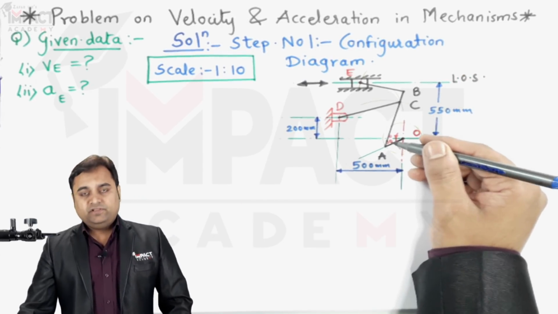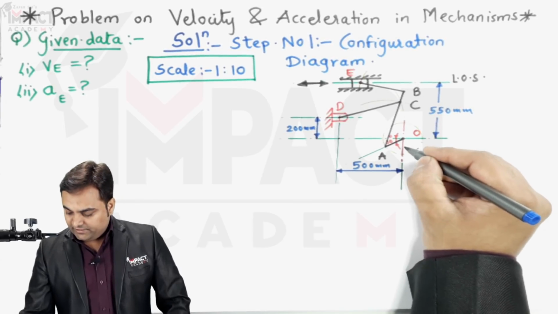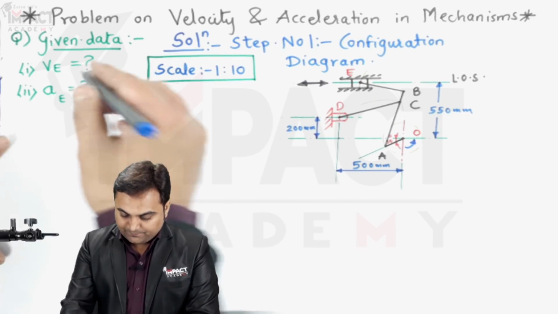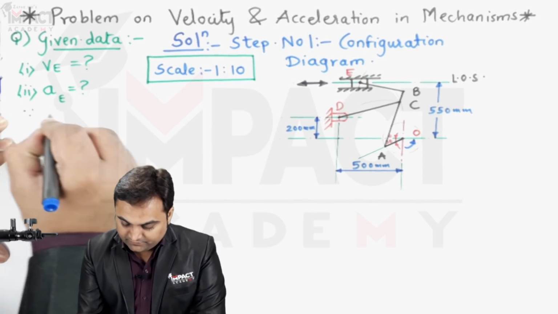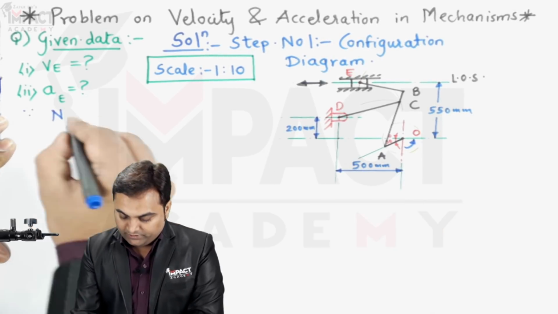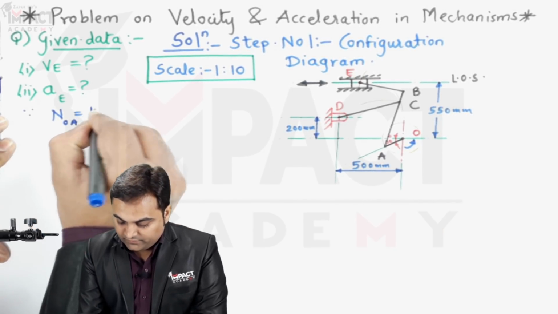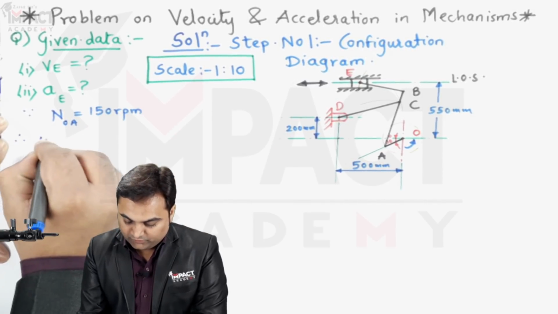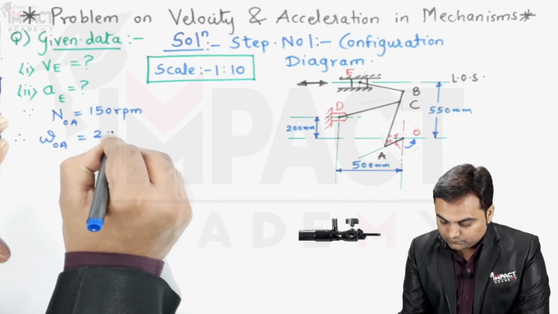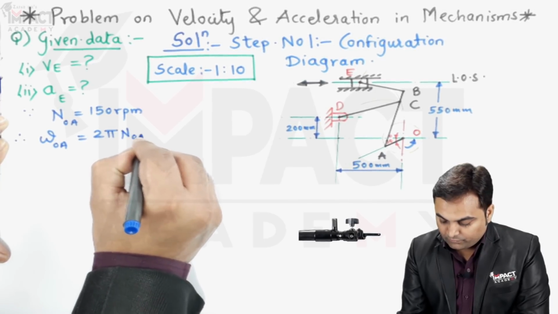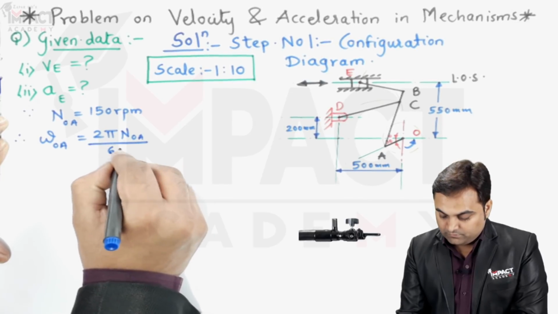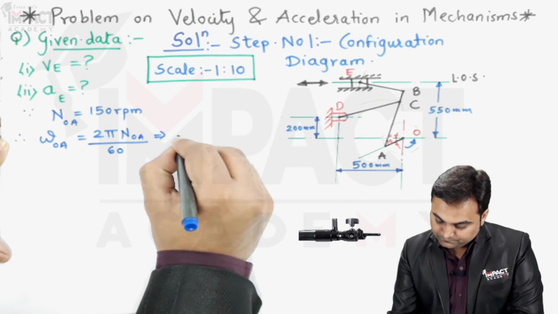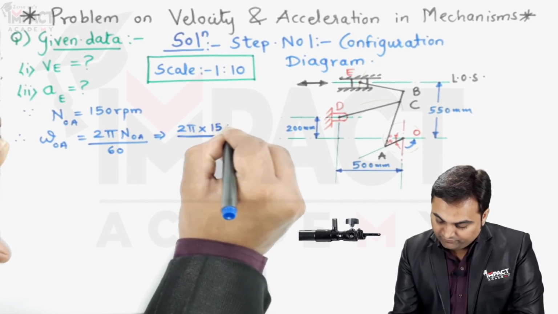In the figure they have given that this crank OA is rotating in an anti-clockwise manner, having a speed of 150 rpm. So that I'll write in the data, since speed of crank OA is 150 rpm, therefore its angular velocity would be 2 pi n by 60 for link OA, where n is 150 divided by 60.